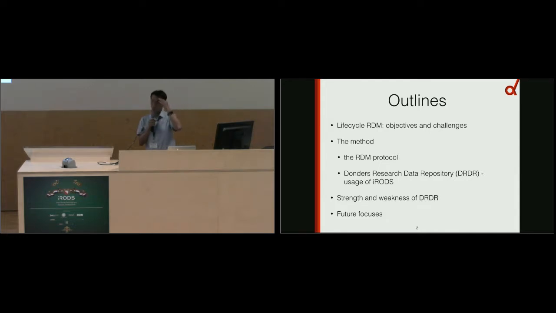Following that, I will talk about the digital research data repository, which is, of course, based on iRODS. Here I will talk more about how we use iRODS to achieve our use case. Then I will go through the strengths and weaknesses of this approach, and conclude with our future focuses.